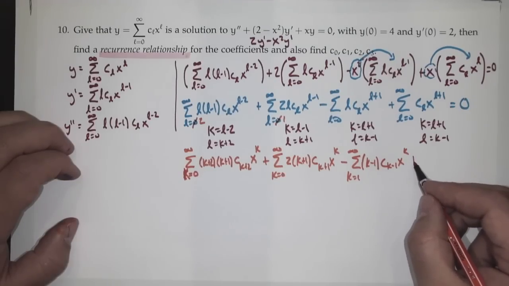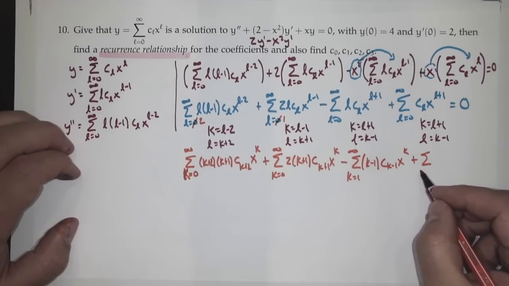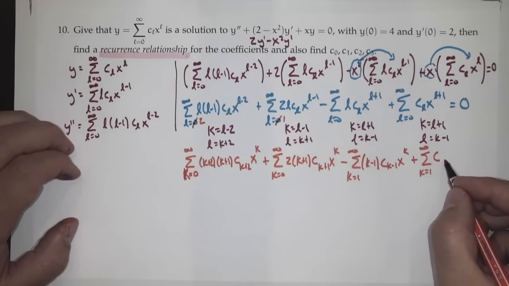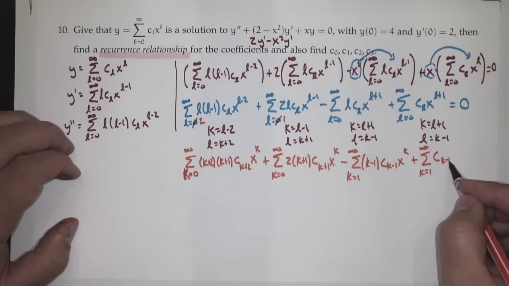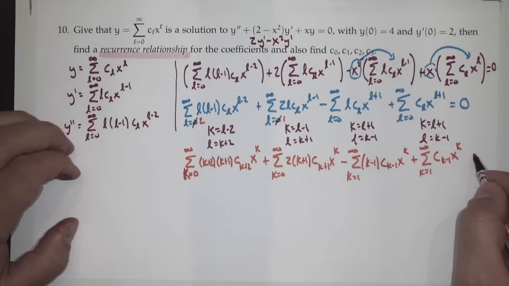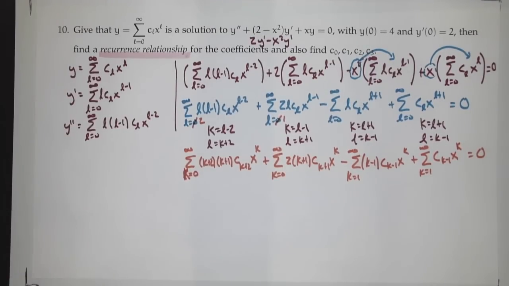And our last piece, similar, k equals 1 to infinity, c sub k minus 1, x to the k. Okay, so we've shifted.